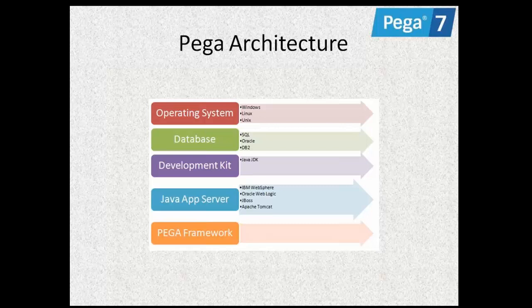First of all, what is a framework? There are different types of layers: implementation layer, division layer, framework layer. I will tell you in detail in the coming sessions. Briefly, suppose some existing application is there, for example the Citibank application, and you are trying to develop another banking application.